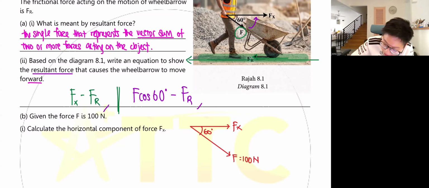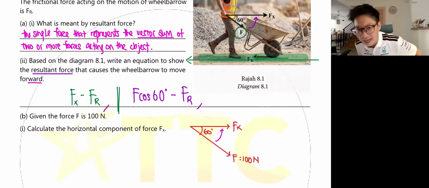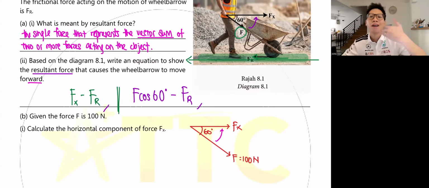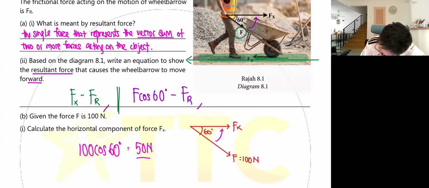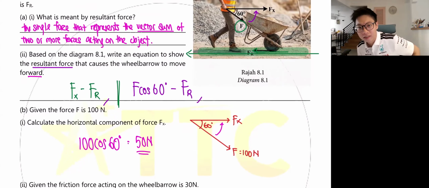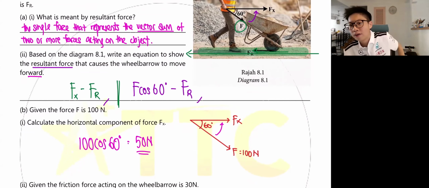I said this so many times already. You want to move this up. So what do you do, cos or sine? Cos, because we say touch means cos. So ultimately, we will just put 100 cos 60 degree. So my answer will be 50 Newton. That's it. 100 cos 60. So I shift it up.